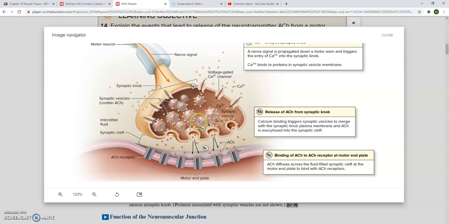What the toxin that causes botulism does is prevent the release of sufficient amounts of acetylcholine at the axon terminal, into the synapse here. So if we don't have a sufficient amount of acetylcholine being released here, we're not going to have sufficient stimulation of the acetylcholine receptors, and we'll very likely not get very many action potentials running along the sarcolemma of the skeletal muscle fiber to cause muscle contraction.